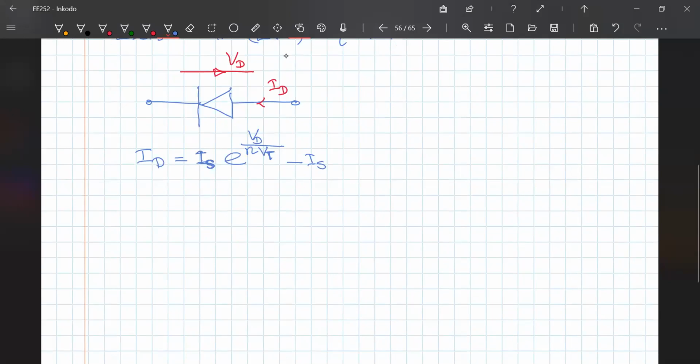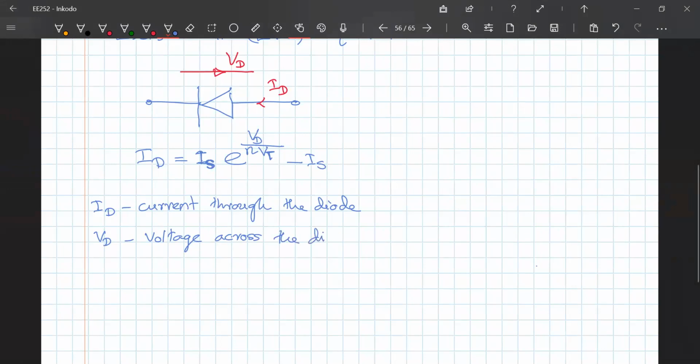So let me mark what these things are first. ID is the current through the diode. And VD is the voltage across the diode. And IS is called the reverse saturation current.